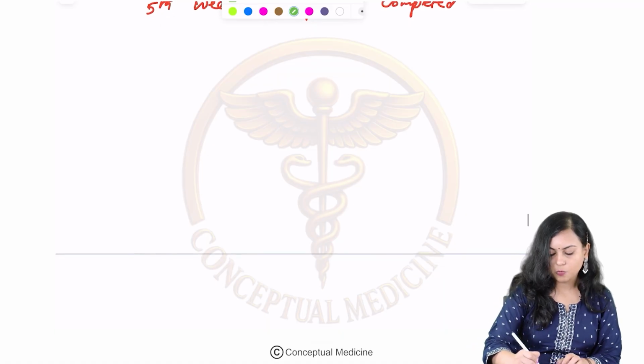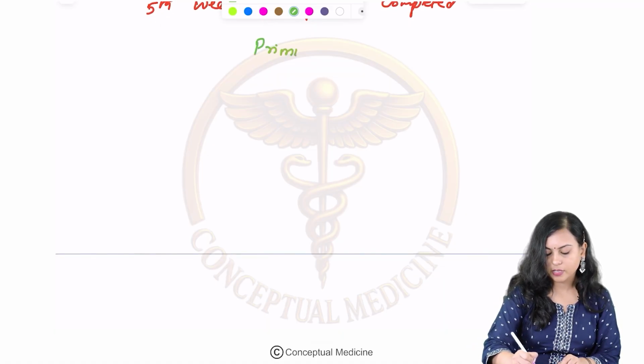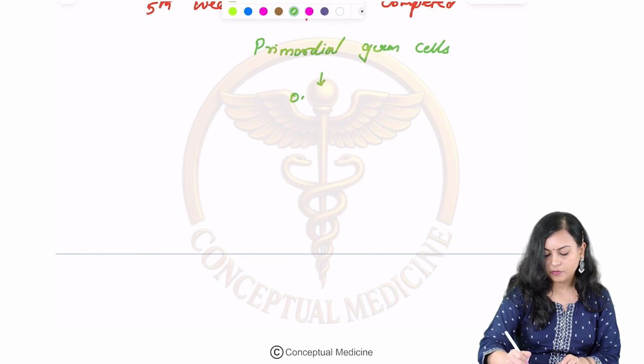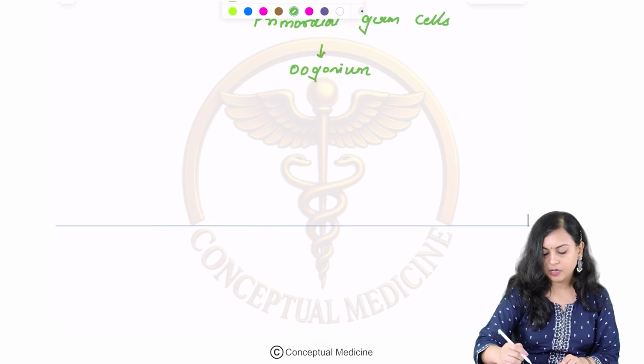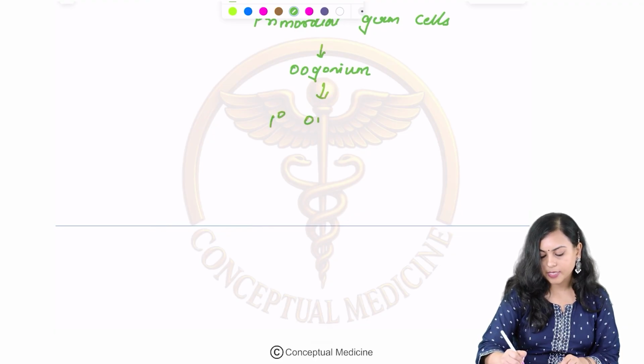So we'll see how oogenesis happens now. There are primordial germ cells. You have oogonium. From that comes the primary oocyte.